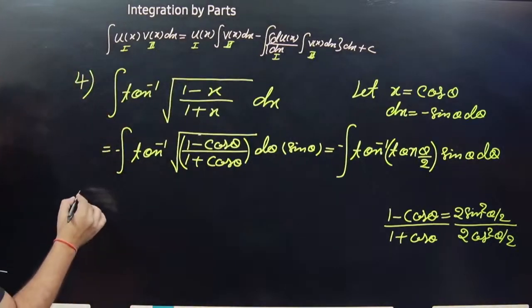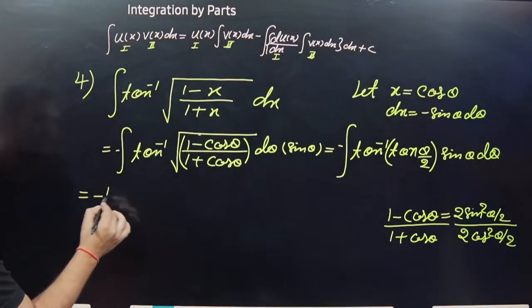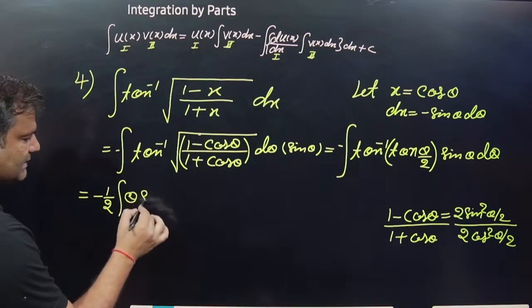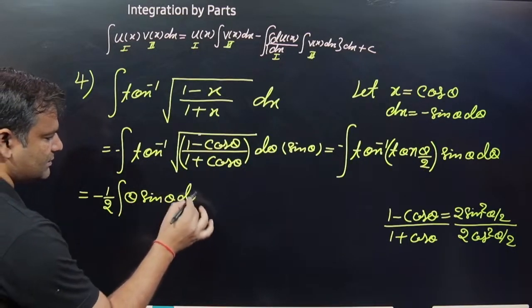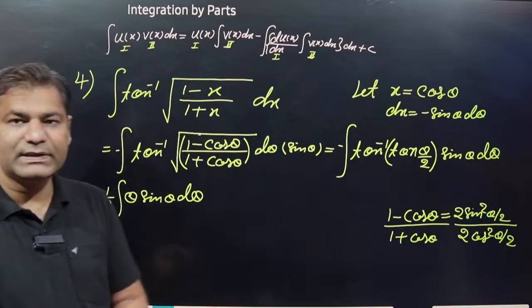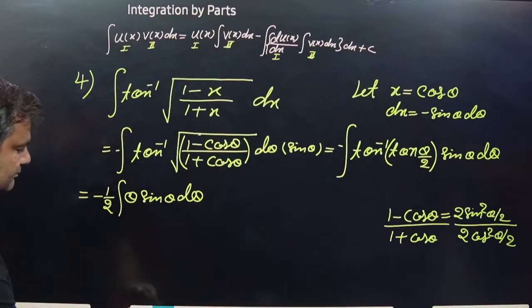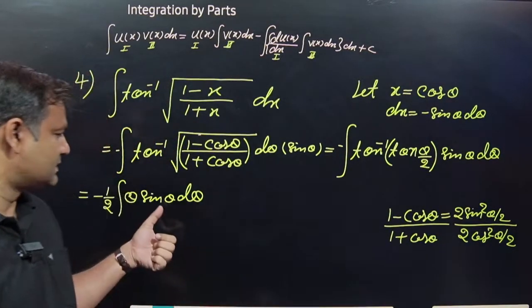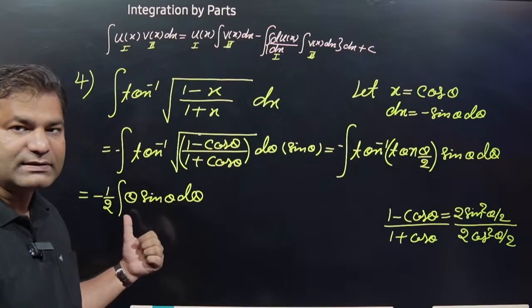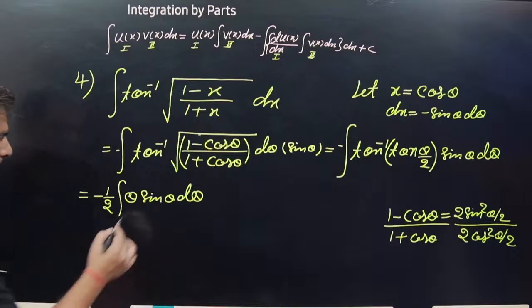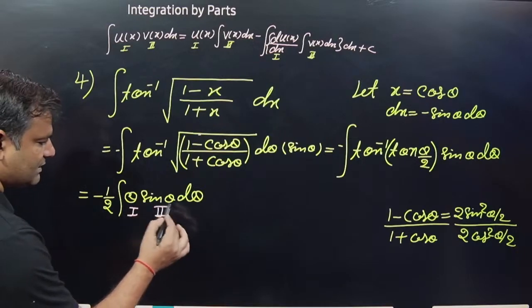After that, look here very carefully, this is minus half into theta sin theta d theta. How can we solve this? Which one do we take as the first function and which as the second function? Here sin theta and here theta. So the first function is theta and the second function is sin theta.